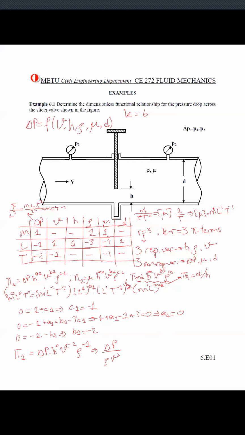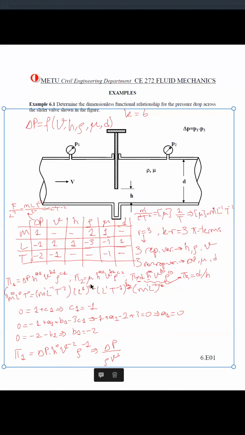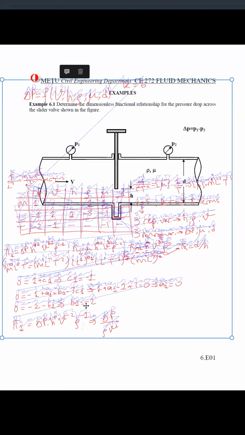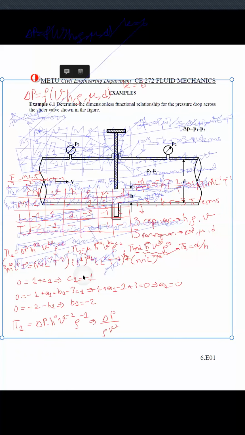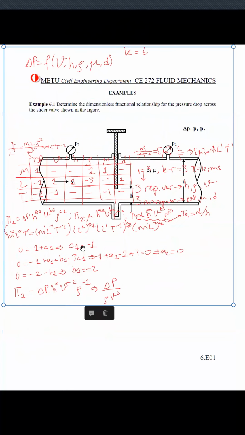Okay, this is our first pi term, and please note that we will now solve for pi 2. Let's shift it like this.